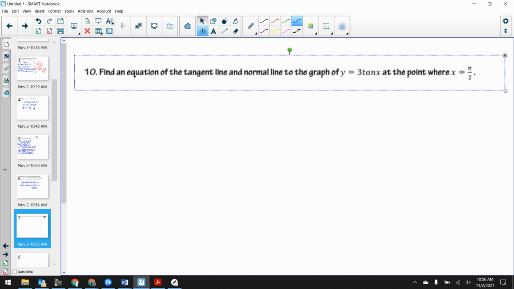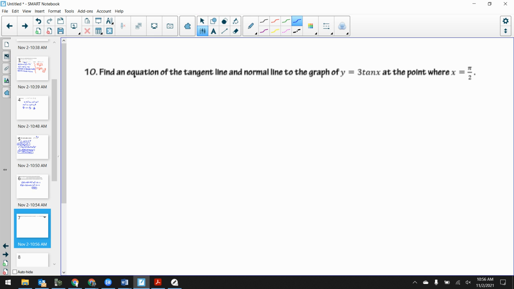Okay, there it is. Find an equation of the tangent line and normal line of y equals 3 tangent x. What's the derivative of tangent? Secant squared. So y prime is equal to 3 secant squared x.